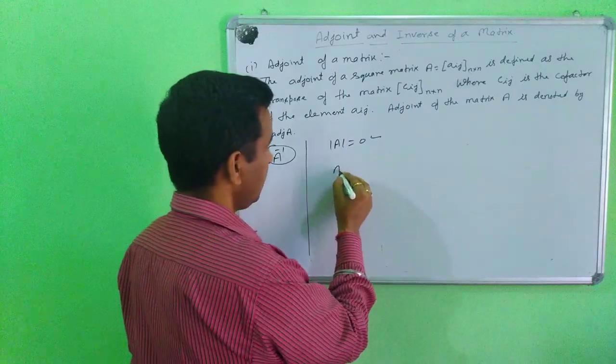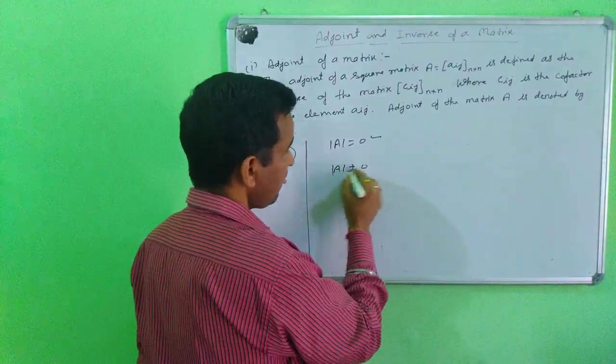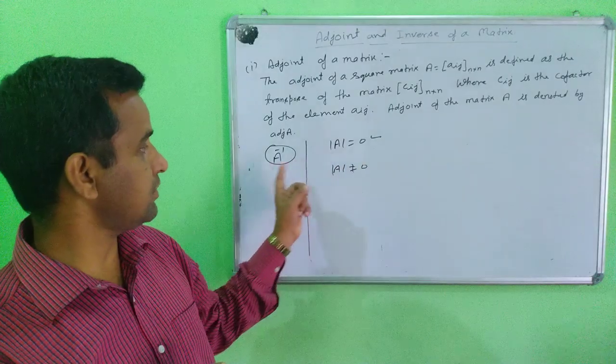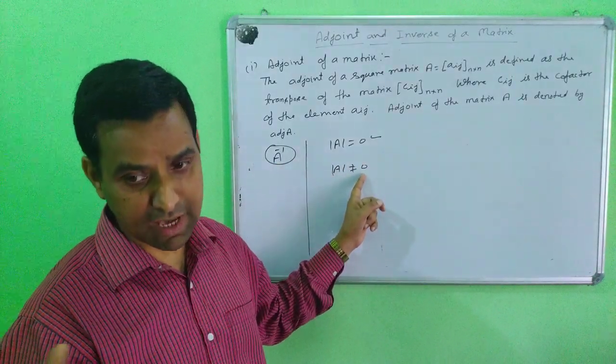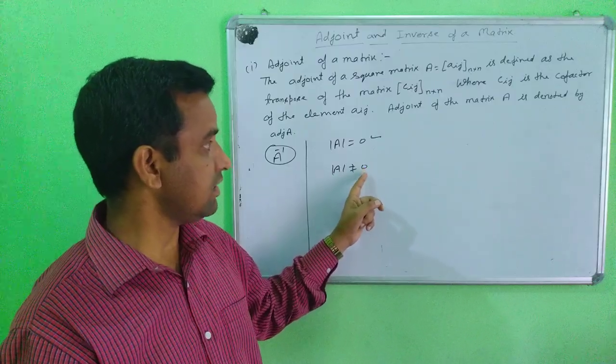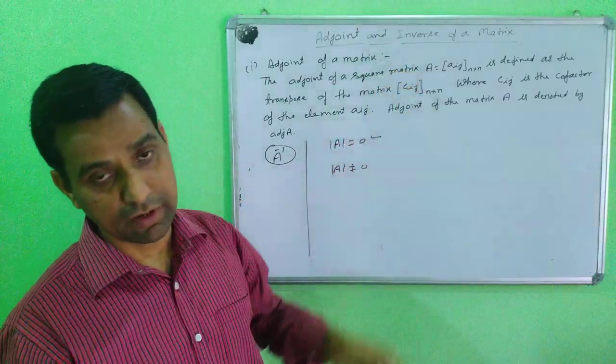Suppose the determinant of matrix A is not 0, meaning any positive or any negative number, then you can find the value of the inverse.